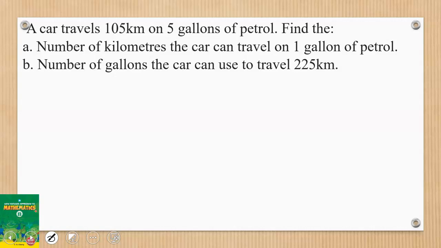Then find the number of gallons the car can use to travel 225 kilometers. If the car travels 105 kilometers on 5 gallons, then to know how many kilometers it travels on 1 gallon, I'm just going to do 105 kilometers divided by 5 gallons.